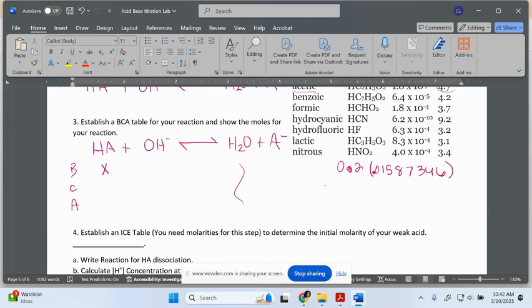With that, I will get 0.2 times 0.01587346. I'm going to come out with 0.003175.